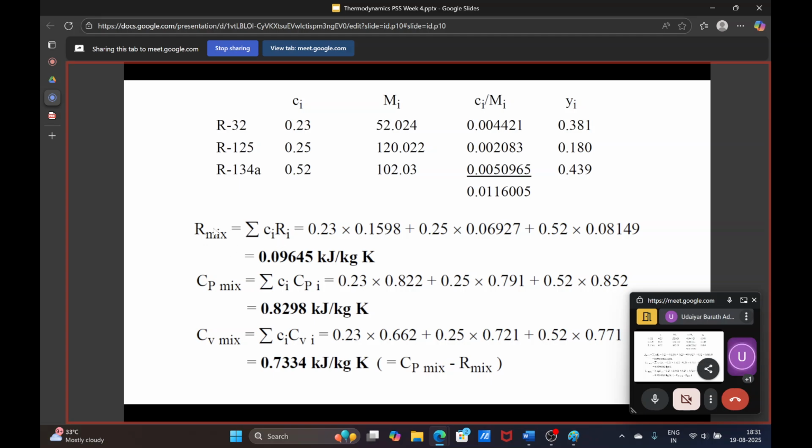R mix is your mass fraction times the individual gas constants, or we can straight away find the molar mass just like what we did in the previous case and divide the universal gas constant by it. That's the other way of doing it.